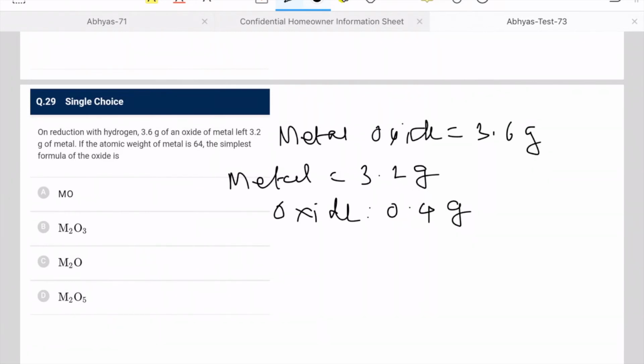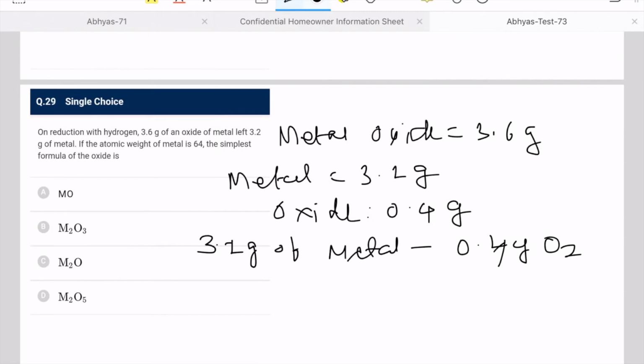So we can calculate here: 3.2 grams of metal is combining with 0.4 grams of oxygen. Atomic weight of the metal is given as 64. So 64 grams of metal combining with how much? It will be 0.8 grams of oxygen.